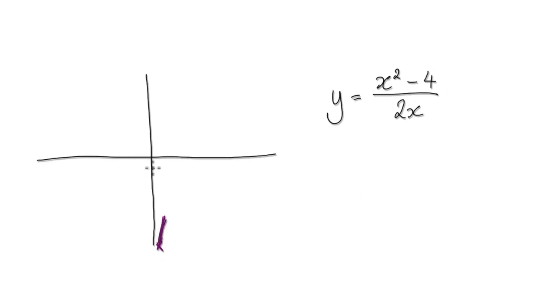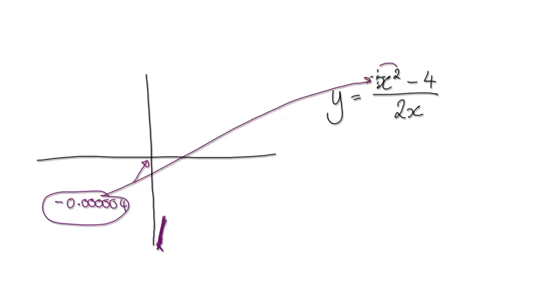And now use the same argument just to the left of 0. So in your mind picture negative 0.0000, I don't know, let's say 4. And then when you put this into here, when you square it, the negative goes away, and it's going to be very close to 0. So in your mind picture a really small number, even smaller than this.